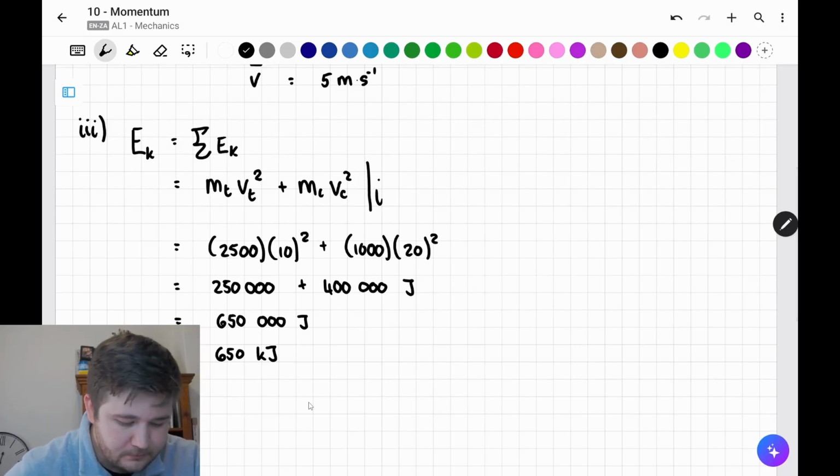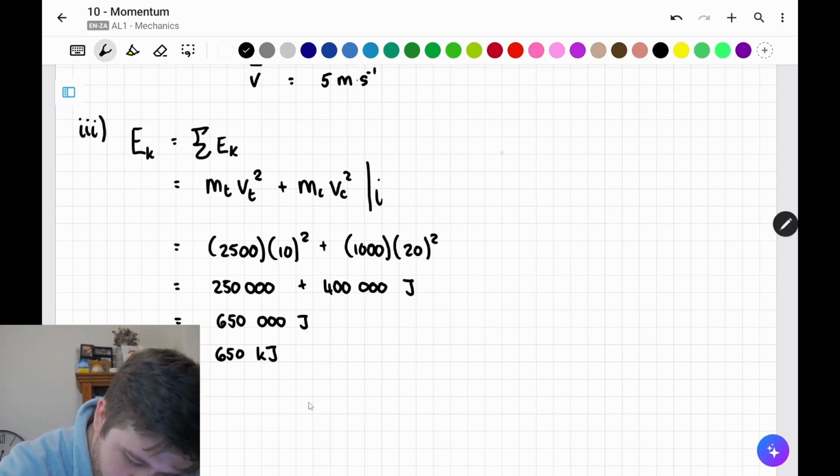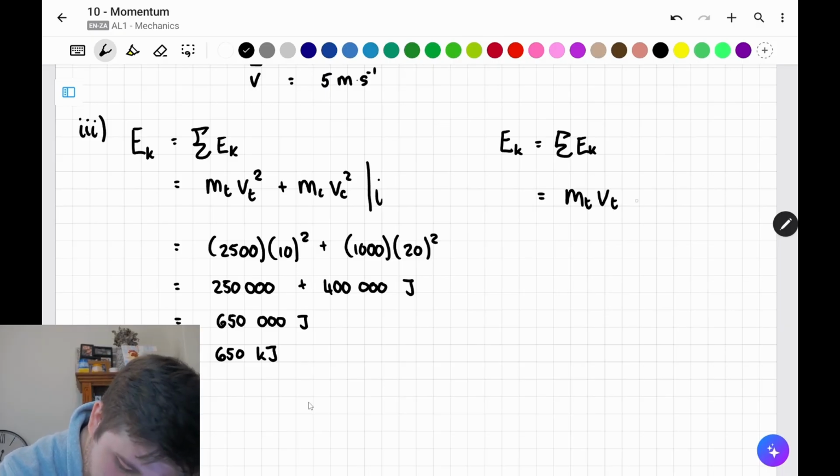Alright, let's look at the final case. So in our final case, our kinetic energy again is the sum of the kinetic energies of the system. So that will be the mass of the truck, the velocity of the truck, plus the mass of the car, velocity of the car. These are squared.